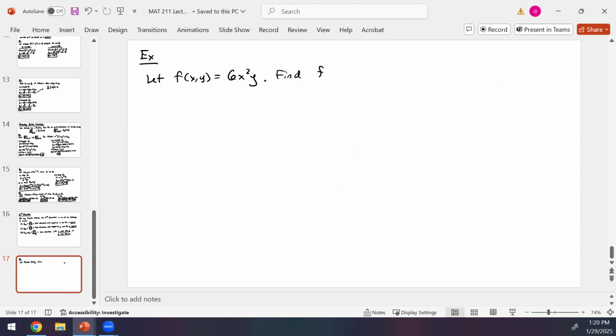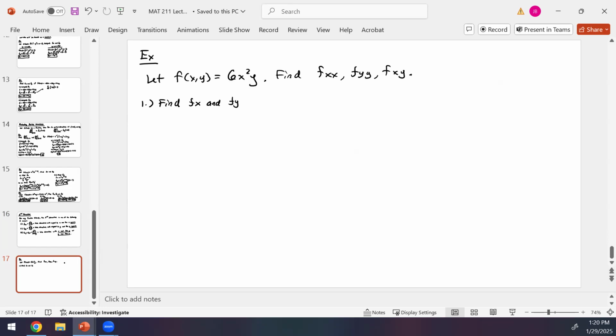Find f_xx, f_yy, f_xy, right? If they ask you to find the second derivative, you will have to find the first derivative anyways, because you can't find the second derivative without knowing the first derivative, right? So that's what step one is going to be all about. So step one is to find f_x and f_y.